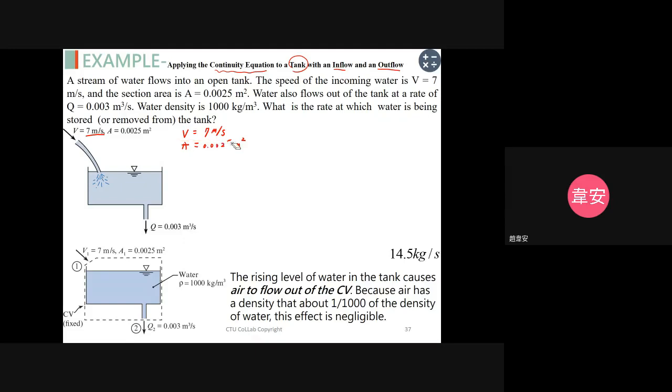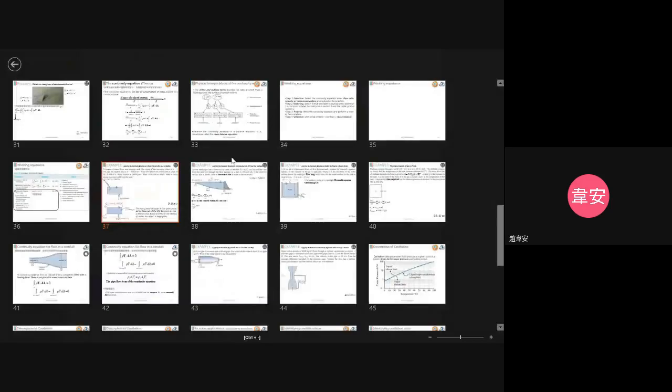Since we know if we have the velocity and the cross-section area, we can compute the discharge, right? So this is for the inflow. We use the label 1, and we have the discharge Q1, so it's equal to V1A1.